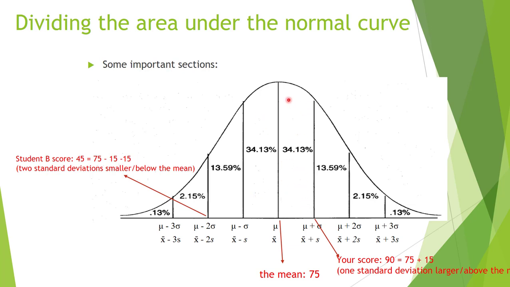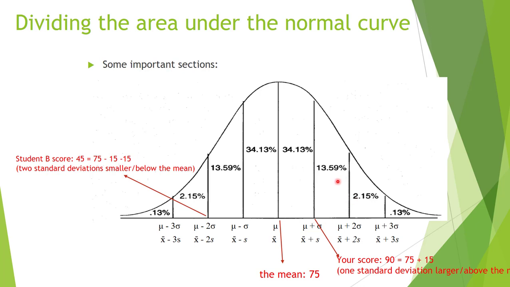For this particular part, by doing calculations, we already know the area underneath the curve between the mean and 1 standard deviation above the mean. There are 34.13% of data points between the mean and 1 standard deviation above the mean.